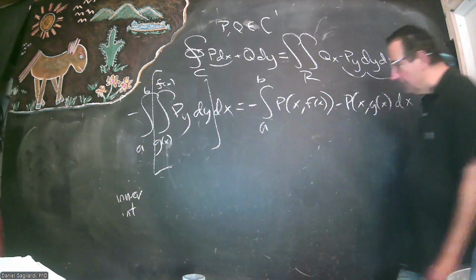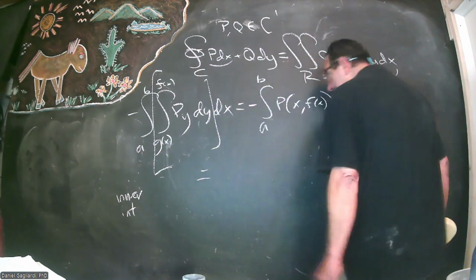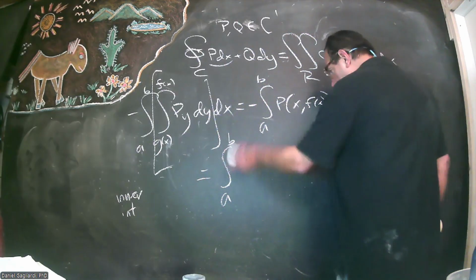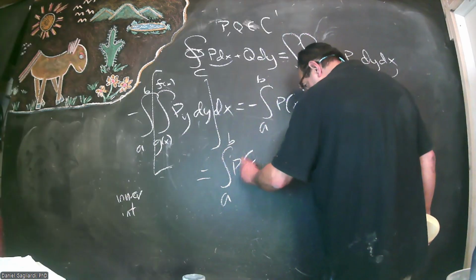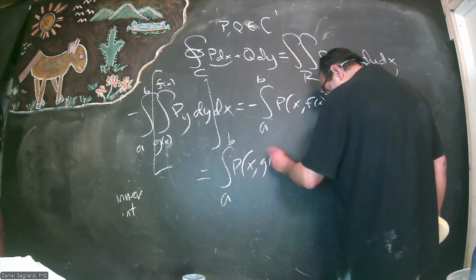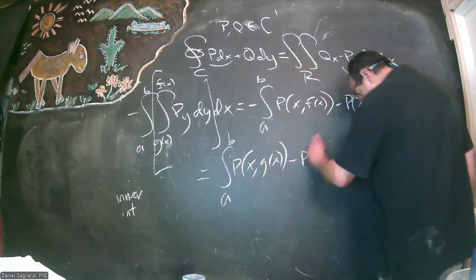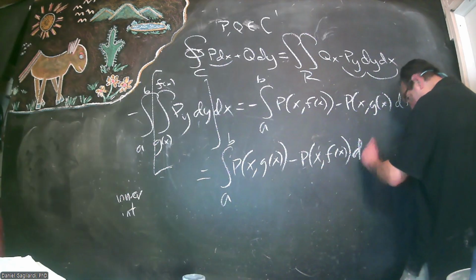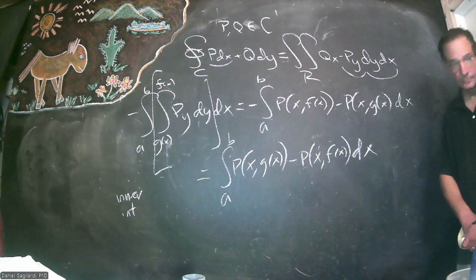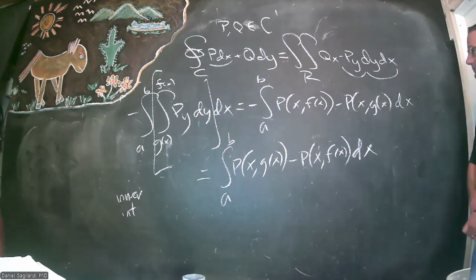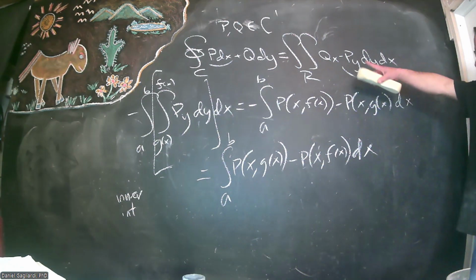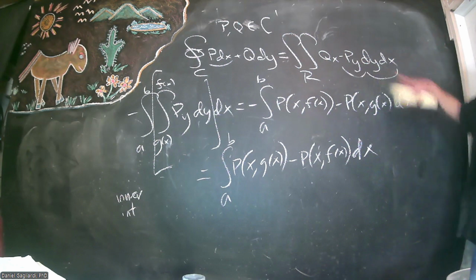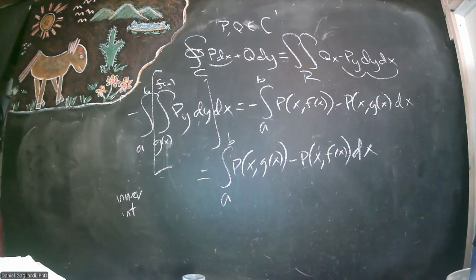Well, we can distribute this minus sign, and now we get the integral from a to b of P of x, g of x minus P of x, f of x dx. Good. So that is going to be the double integral of negative Py dy dx.